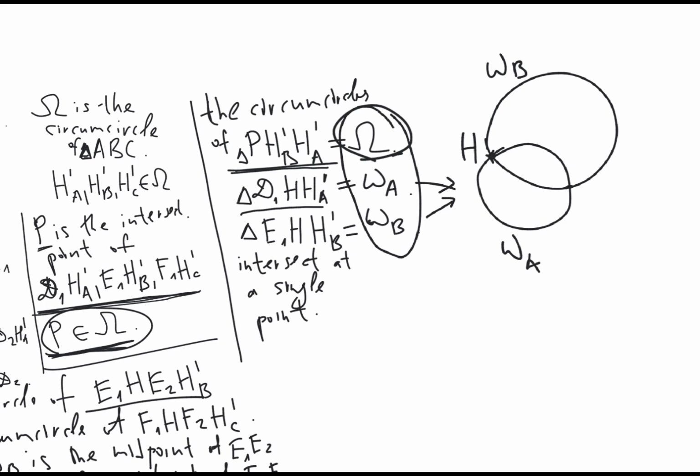Let's denote this point by Q. So this is the point Q that is the second point of intersection of omega A and omega B.